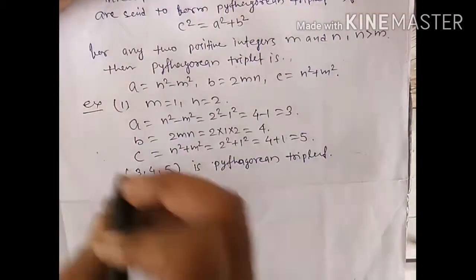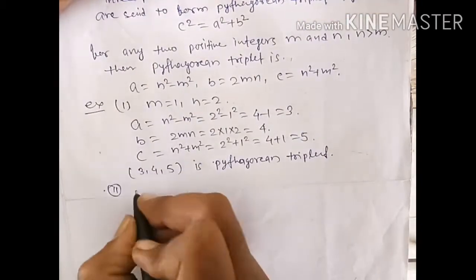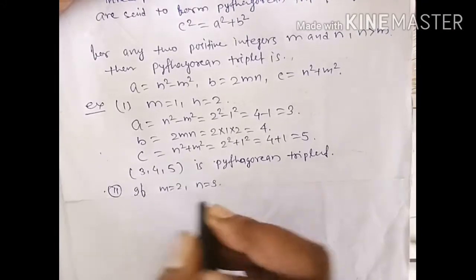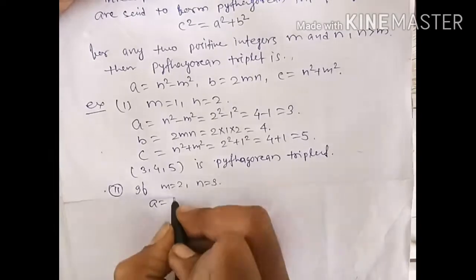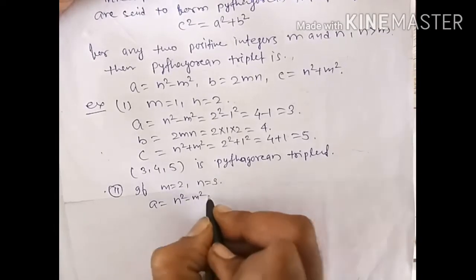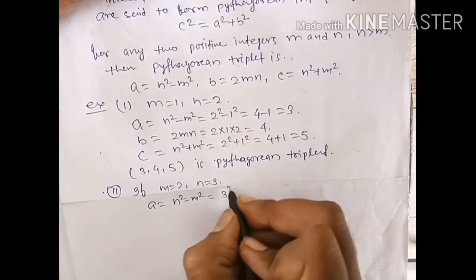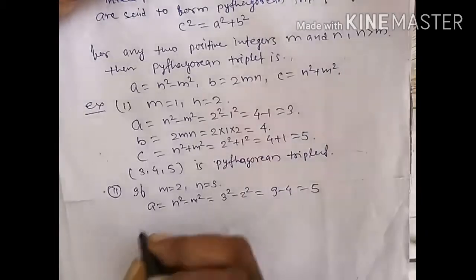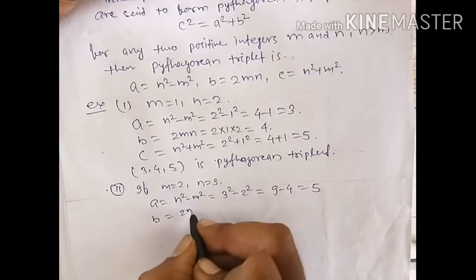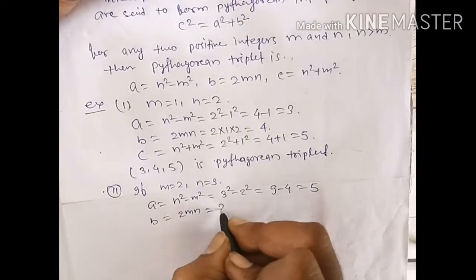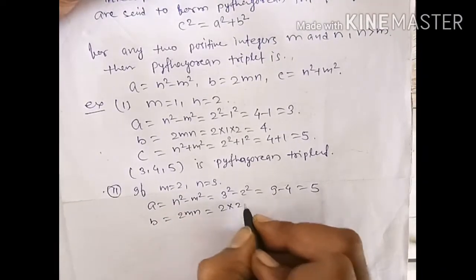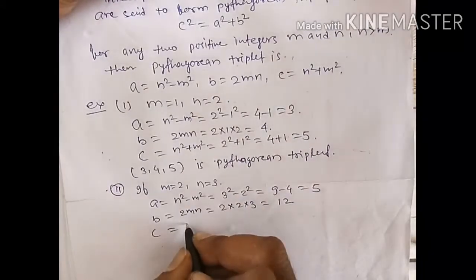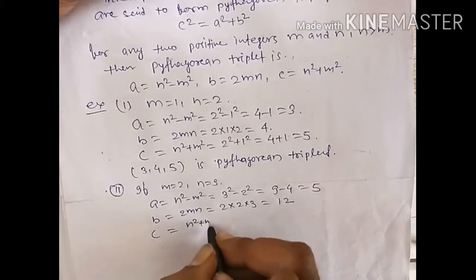Another example, the second example: if we take m is equal to 2 and n is equal to 3, then a is equal to n square minus m square, that is 3 square minus 2 square, so 9 minus 4, that is 5. b is equal to 2mn, it means 2 into 2 into 3, that is 12, and c is equal to n square plus m square.